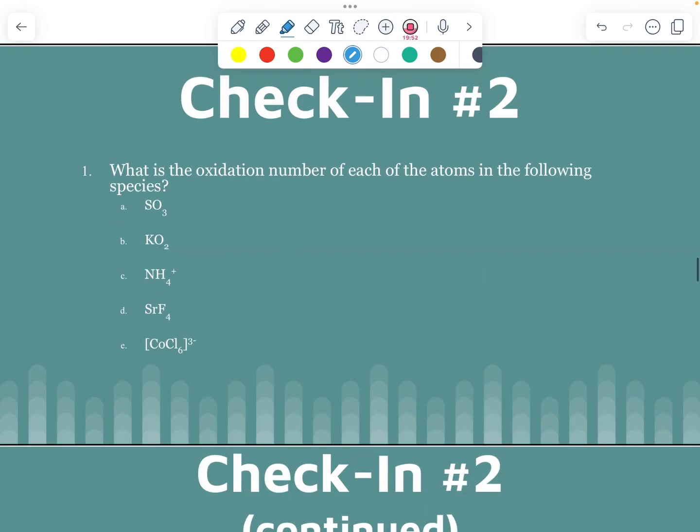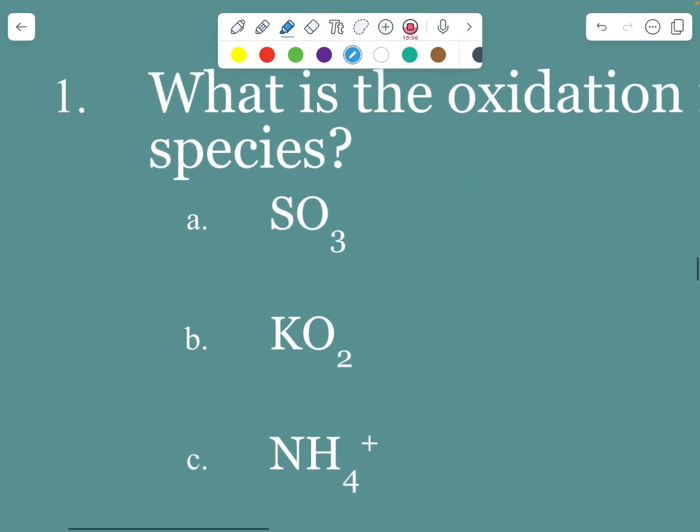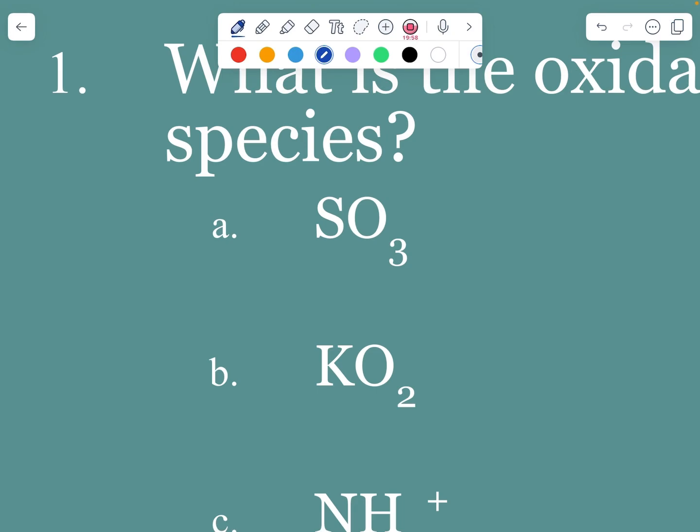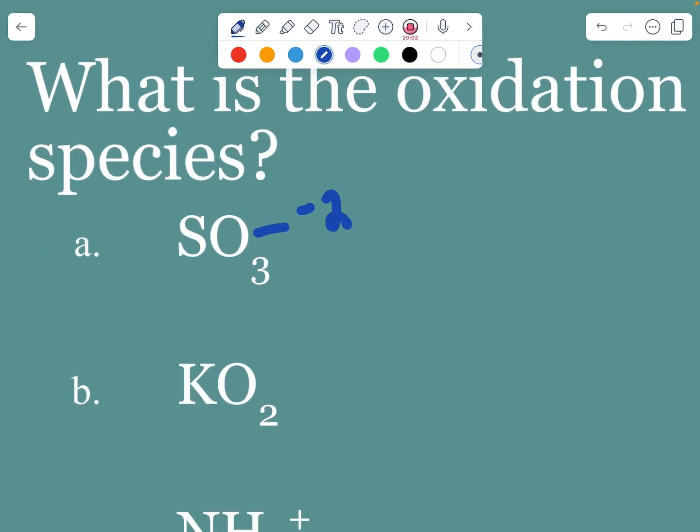So let's look at the oxidation number of each of the atoms in the following species. So we always treat these individually. So our oxygen always has a -2, and this isn't a peroxide because there's no hydrogen. So this will be a -6 on this side, and we have 1 sulfur. It needs to balance out. Oh, this is a sulfite, so it has a -2 charge.